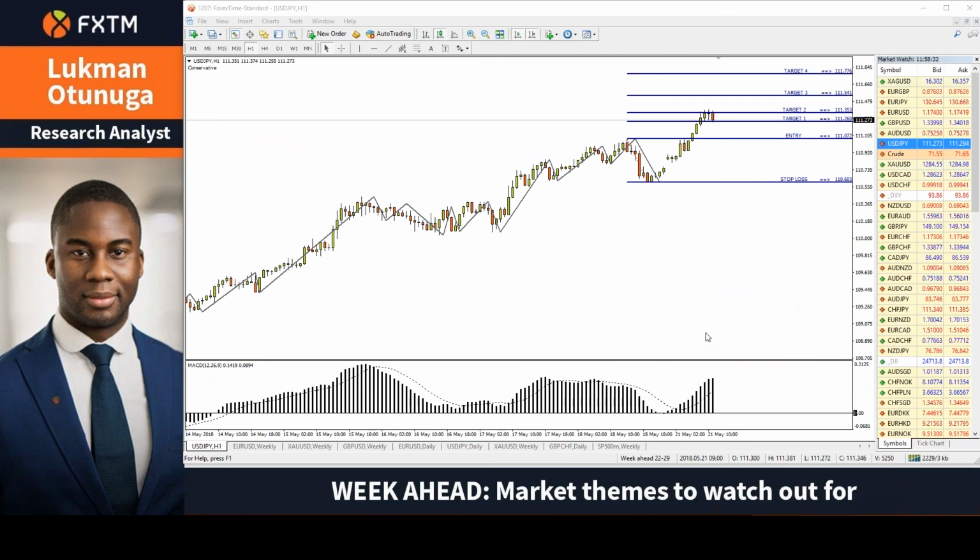Looking closely at the dollar yen, the driver behind the dollar yen's incredible appreciation continues to revolve around an appreciating dollar. If the dollar continues to strengthen, dollar yen has the potential to hit targets 3 and 4, but let's see how it plays out. We could probably see a technical correction back towards the entry, which could encourage an incline back towards targets 1, 2, 3, and 4 later today. Okay.